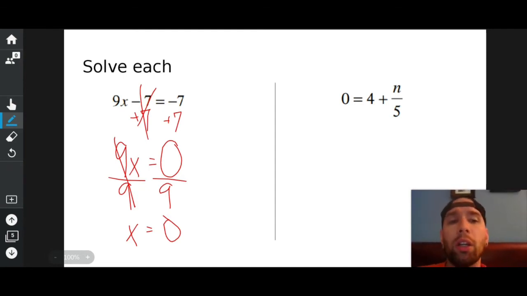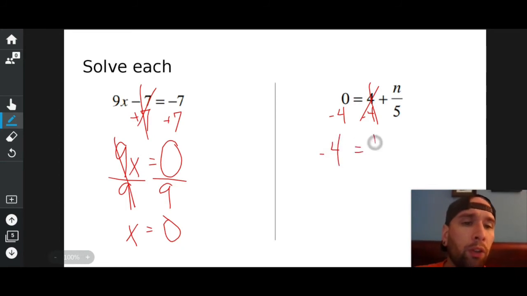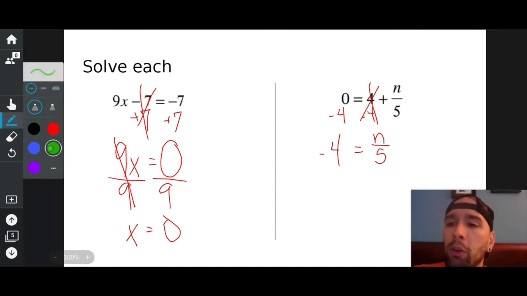Looking at this guy over here, I have n, and is n all by itself? No. What's in the way? 5 and 4. Which one should I get rid of? 4. How do we get rid of a positive 4 floating around? Subtract 4 from both sides. 0 minus 4 is negative 4. There's that 0 again, trying to confuse us. N over 5 is now lingering on the right. Is n all by itself?